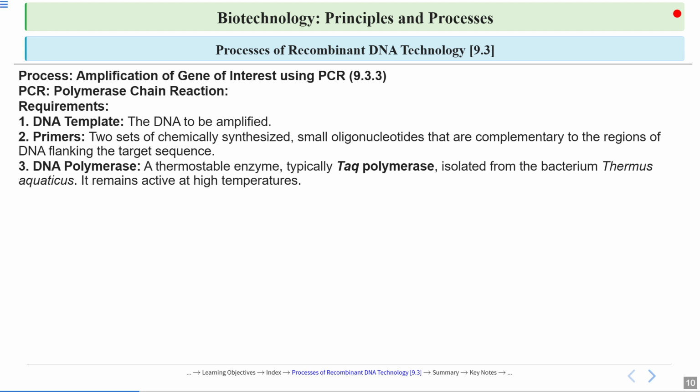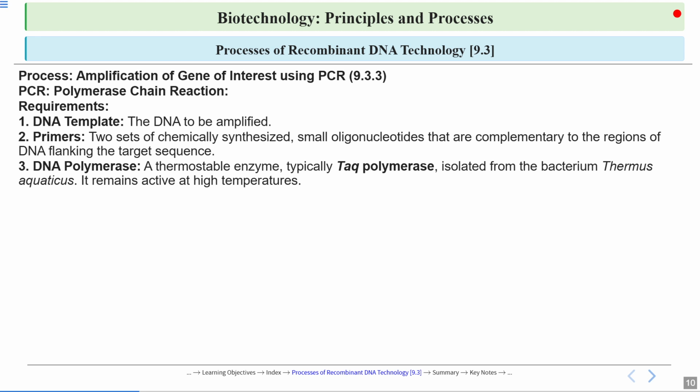When we have a DNA template, the primer will bind to its complementary region. But what will the DNA polymerase do? It will start adding nucleotides to the growing DNA strand, to extend the primer. So this DNA polymerase is going to add nucleotides to the growing DNA strands.